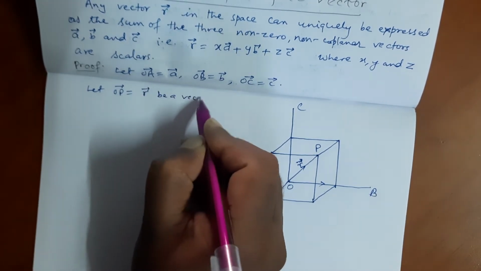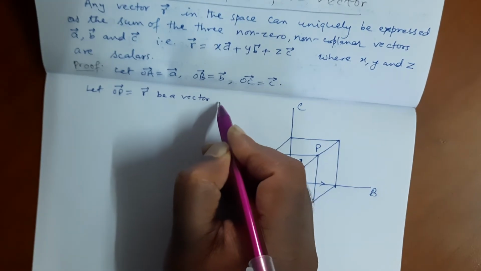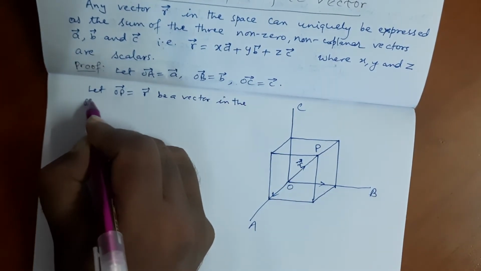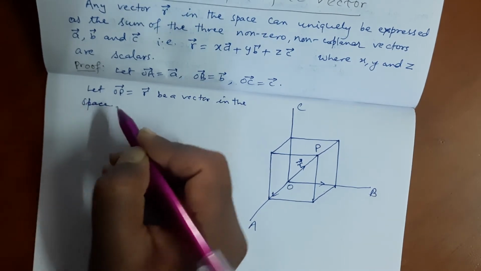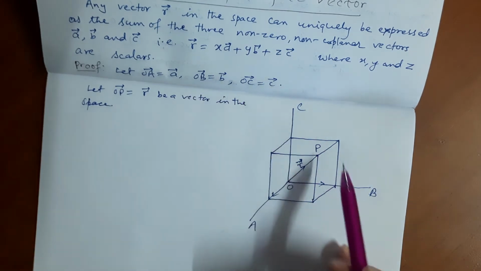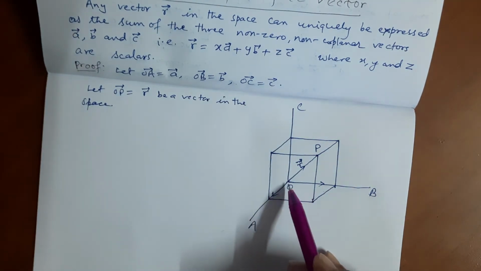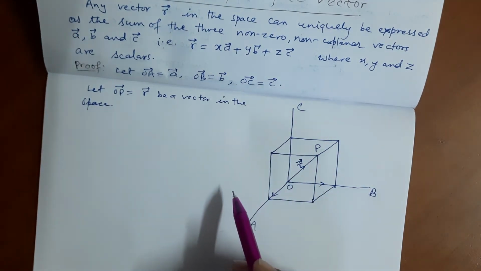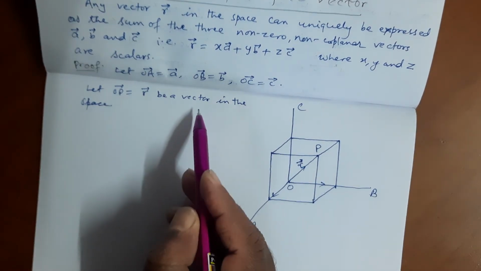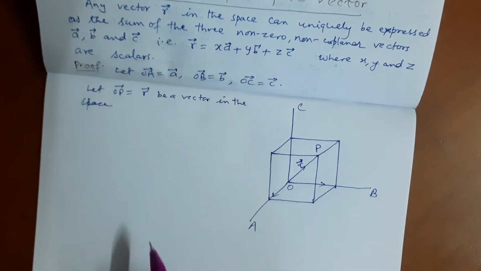Let OP equal to vector R be a vector in the space. Vector A, vector B, and vector C are three non-zero and non-coplanar vectors, and OP equals R is the vector in the space.